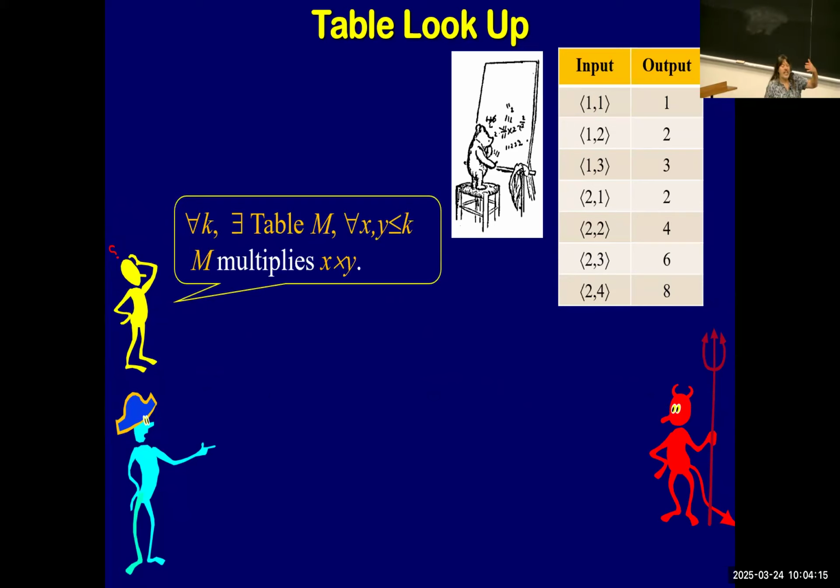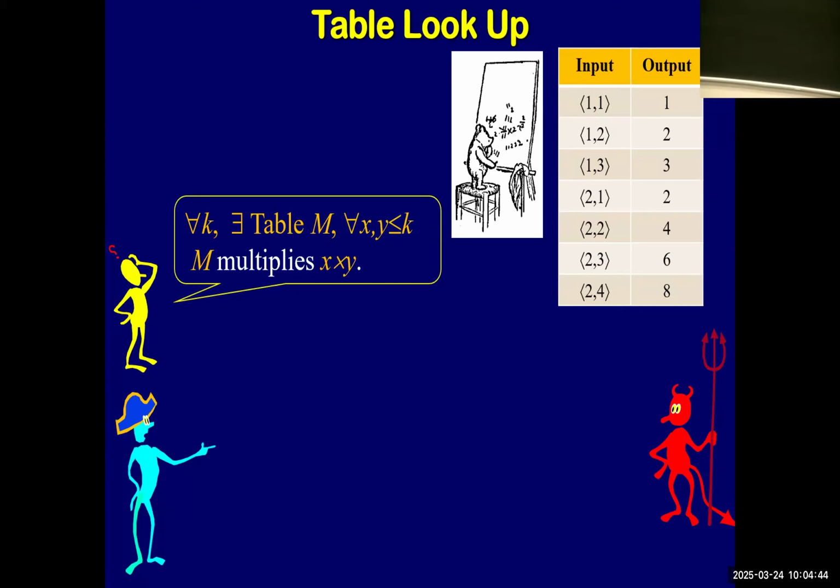So we want to be able to write this down. This is, of course, in logic. What I want you to be able to do is write down things in what I'm going to call first order logic, and know what they mean. So everybody should be able to read this now and hopefully know what it means. It means for any k, you give me an arbitrary k, the adversary gives me an arbitrary k, and then I can produce a table.